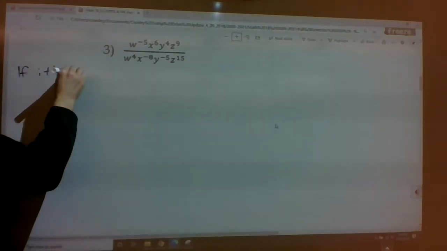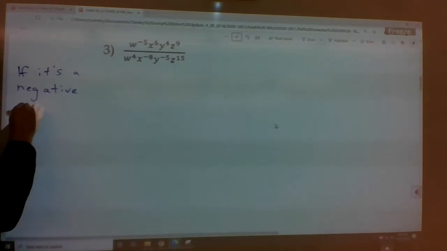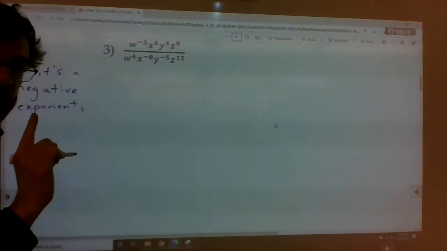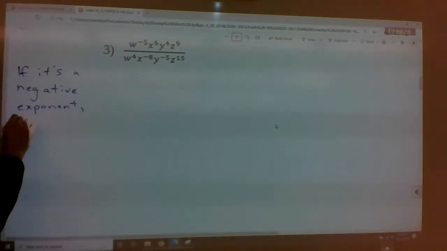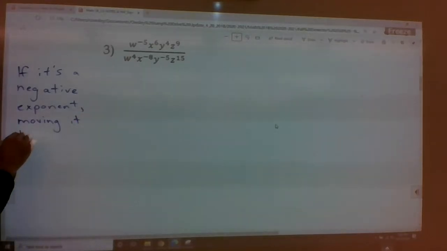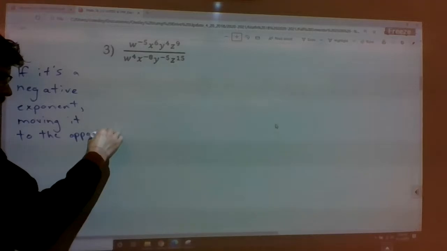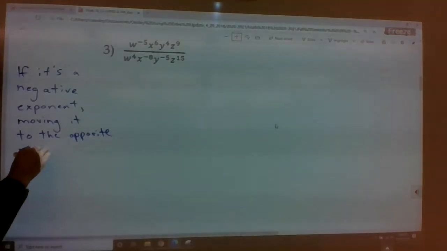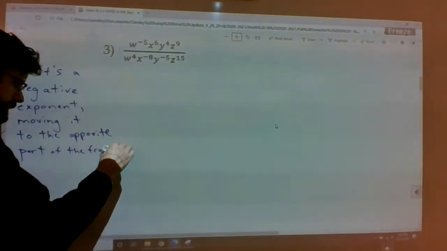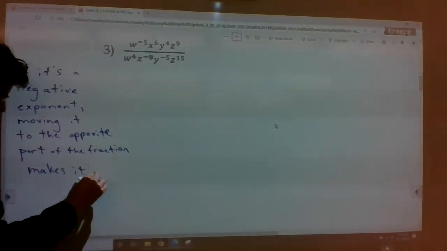If it's a negative exponent, moving it to the opposite part of the fraction makes it positive.